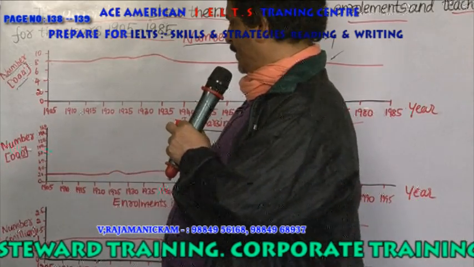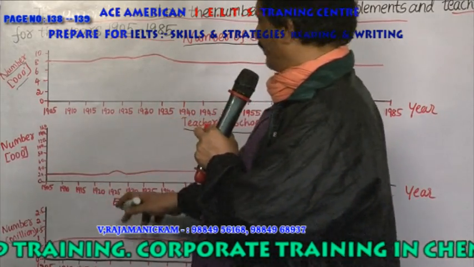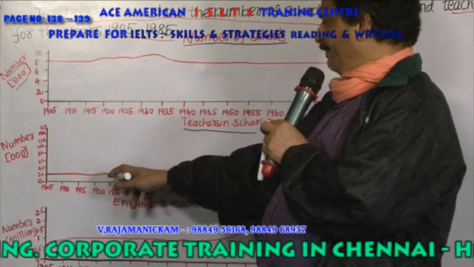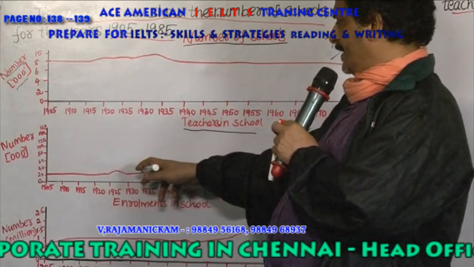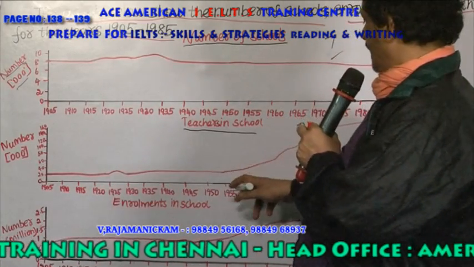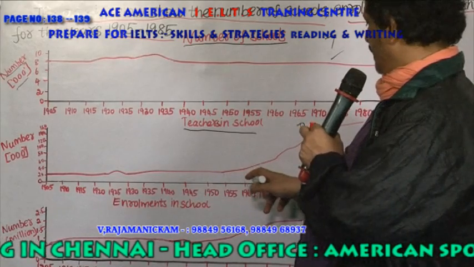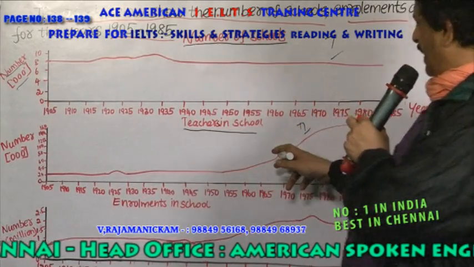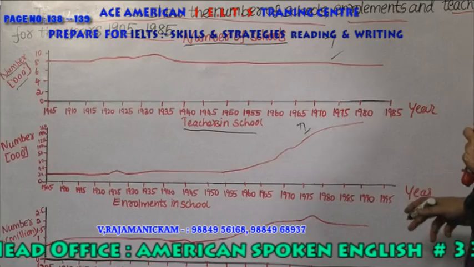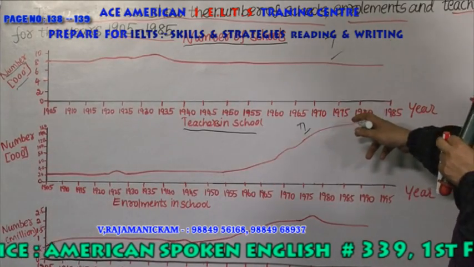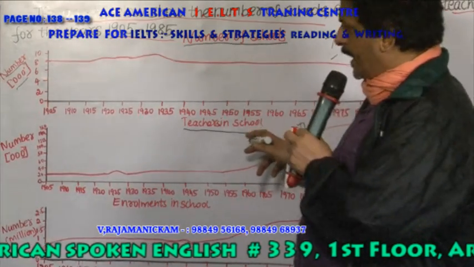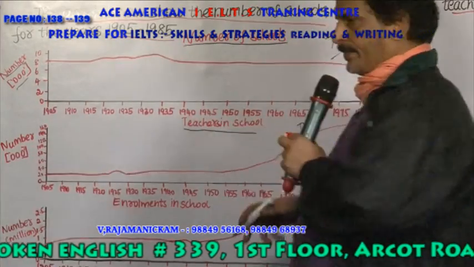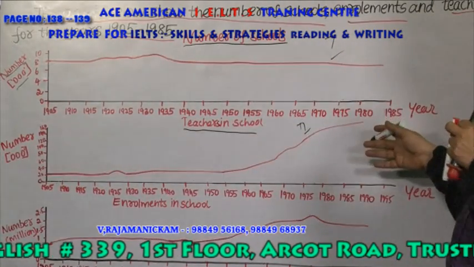It was almost the same up to 1925, then after that it increased to an extent. Then slowly up to 1955 or so it was almost the same. After that it increased tremendously, up to the level of 160,000. The staff enrollment in schools has been increasing.